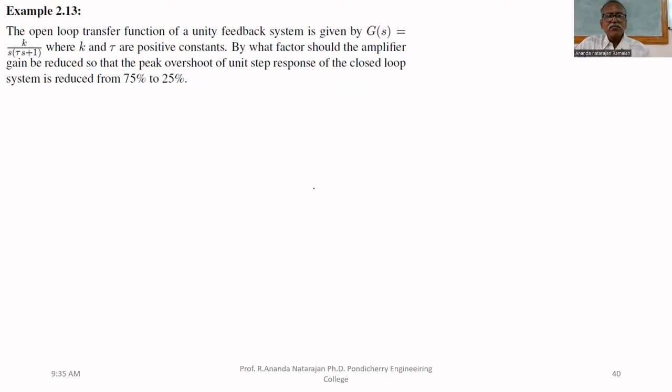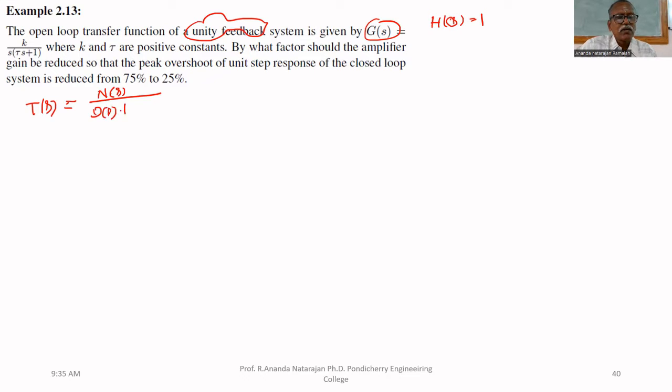The open loop transfer function of a unity feedback system is given. Therefore, H of s equal to 1, negative feedback system. Therefore, closed loop transfer function T of s, if the open loop transfer function of a unity feedback system is given, the formula is numerator divided by sum of numerator and denominator.